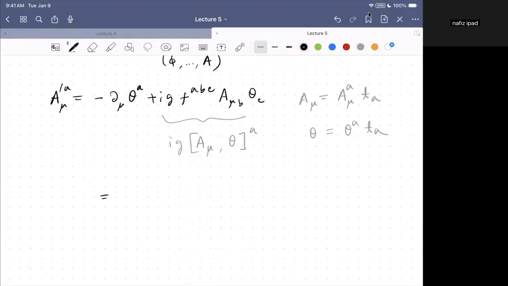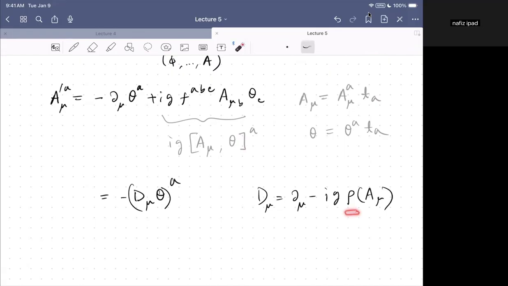And this thing is nothing but the covariant derivative of theta, the eighth component, right? Because remember the definition of the covariant derivative was partial derivative minus I, coupling constant, and the representation of A. And this representation depends on which field this covariant derivative is acting on.